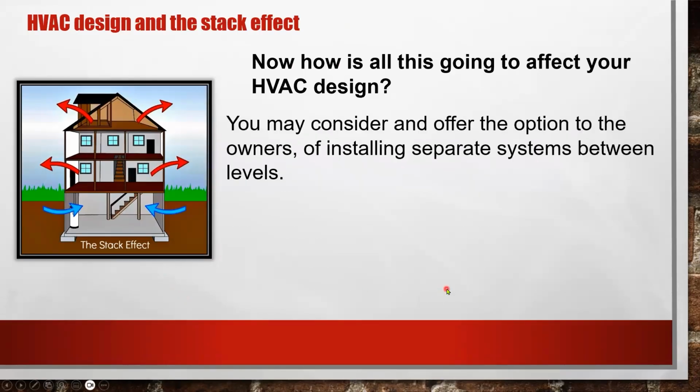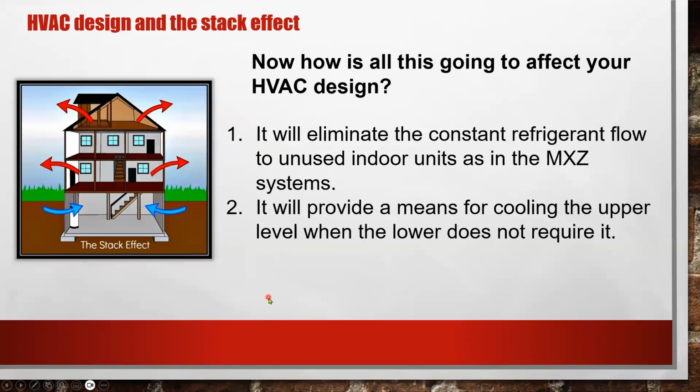You may instead consider installing separate systems between the levels. It will eliminate the constant refrigerant flow to unused indoor units, like in the MXZ systems, and it will provide a means for cooling the upper level when the lower level does not require it.